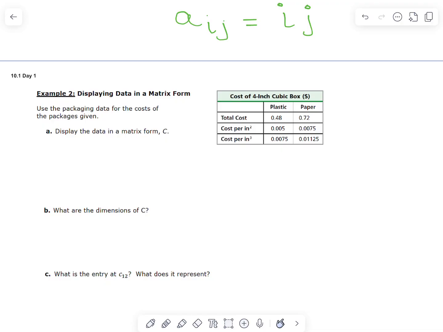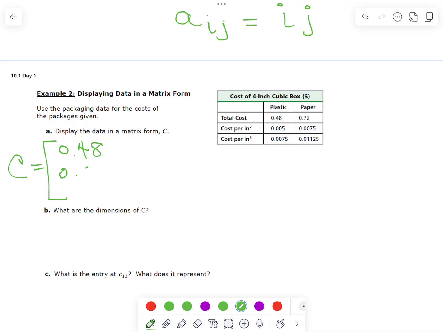And we want to set up a matrix and label that matrix C. So we're going to go ahead and enter in our 6 data points. The first column will be our plastic data points, and then our second column will be our paper data points.